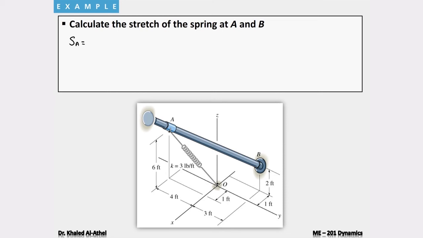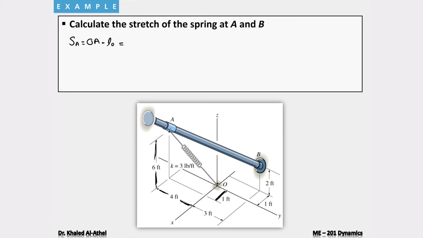So the current length is OA, the distance between O and A, minus the unstretched length, which I'm going to call L0. Now what is OA? I don't know OA directly, but I know the distances. I know that this is 1 feet, this is 6 feet, and this is 4 feet.